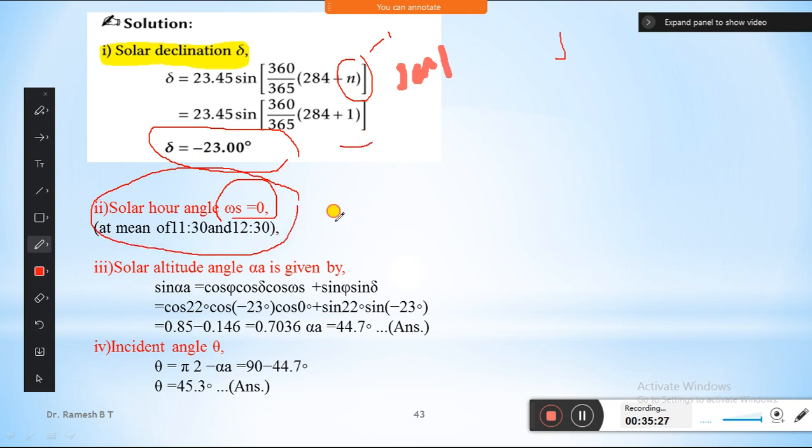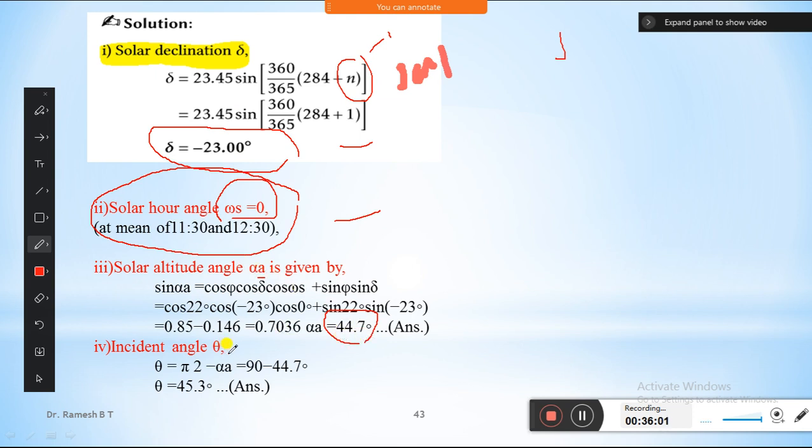Also the solar latitude angle, omega A, is given by sine omega A equal to cos phi, cos delta, and cos Ws, plus sine phi and sine delta. We already know the delta value and the Ws value, and by substituting we get the final answer that the solar latitude angle is 44.7 degree.